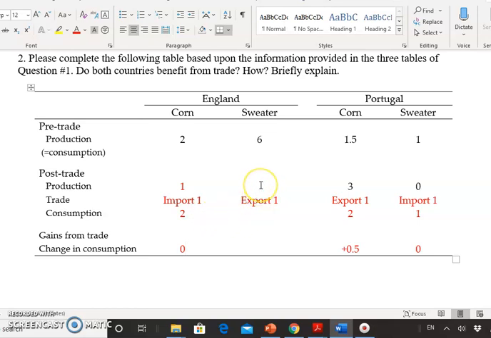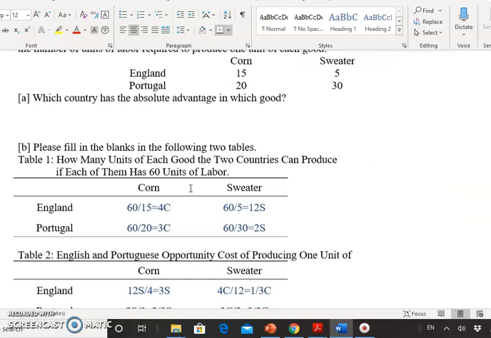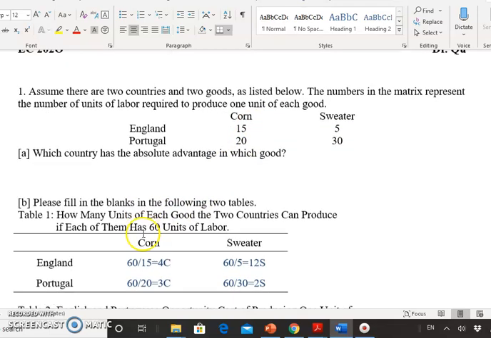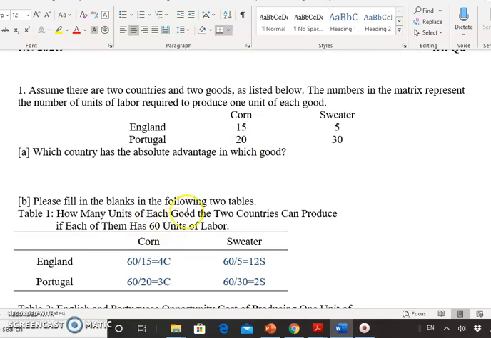Now let's look at the sweater. This is an interesting part. If England decides to produce 1 corn, go back to the question. To produce 1 corn, England has to spend 15 units of labor, right? But we said in part B, it has 60 units of labor.